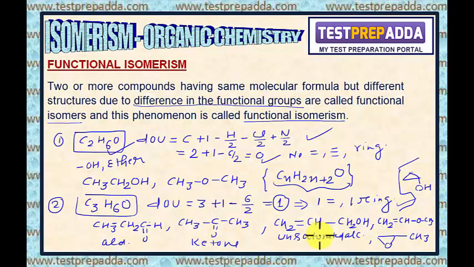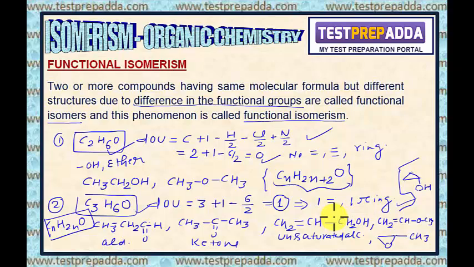So this is an idea that we can write different functional groups for the same molecular composition. In a general manner, for the formula C3H6O, I can write CnH2nO. This is the general formula where you can think about aldehyde, ketone, unsaturated alcohol, unsaturated ether, cyclic ethers, like that. My point is clear.